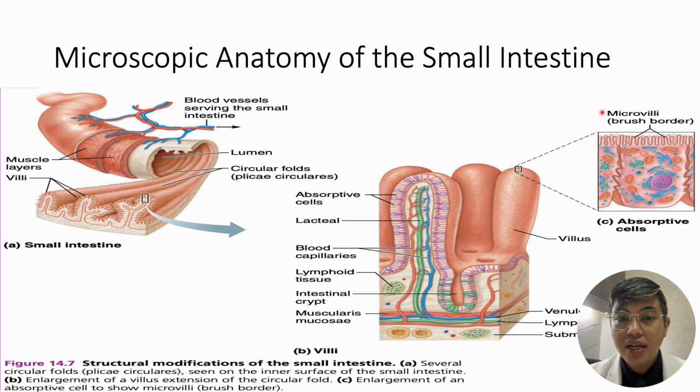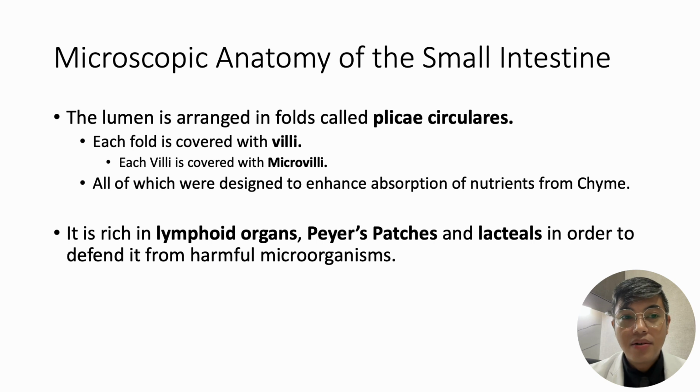Remember that your microvilli is your brush border. So alam mo na kung bakit parang, di ba, I'm sure marami naman sa inyo nakakain na ng kare-kare. Yung tuwalya. The tuwalya is the small intestine. Now, as you can see here, ito yung sinabi ko kanina, the lumen is arranged in folds called your plicae circularis. Each fold is covered with villi. Each villi is covered with microvilli, all of which were designed to enhance absorption of nutrients from the chyme.